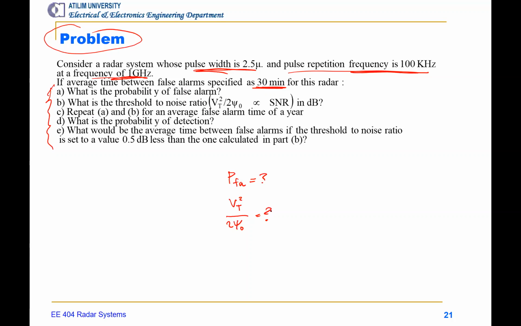And repeat A and B for an average false alarm time of a year. So in here, the TFA was 30 minutes. Now next, take TFA as 1 year and repeat this. What is the probability of detection then? And then we get PD.